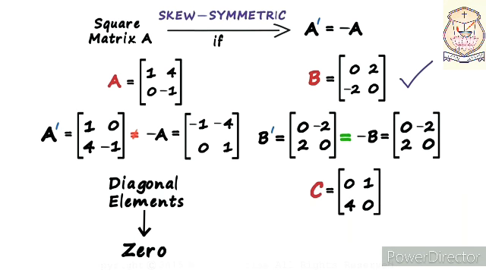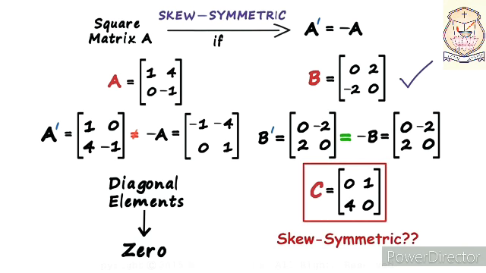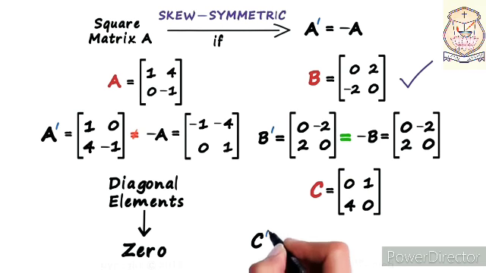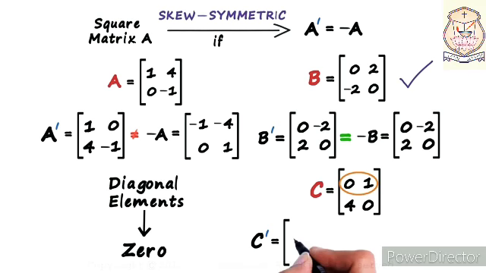What about matrix C? Is it skew-symmetric? It is a square matrix and its leading diagonal elements are 0, so it may be a skew-symmetric matrix. We find C transpose first. The first row is written as the first column, and the second row is written as the second column.